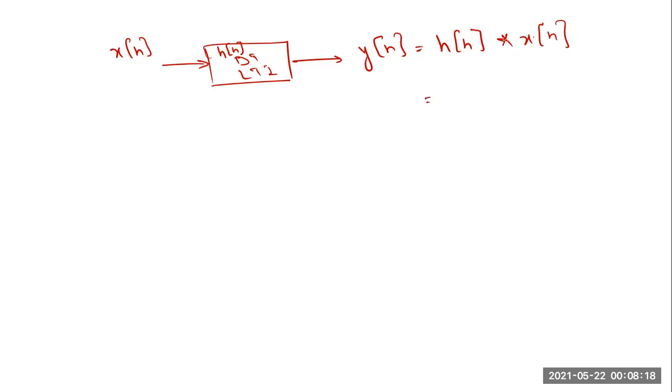And if you expand this convolution operator, this is basically the summation from k equal to minus infinity to plus infinity of h of k x of n.